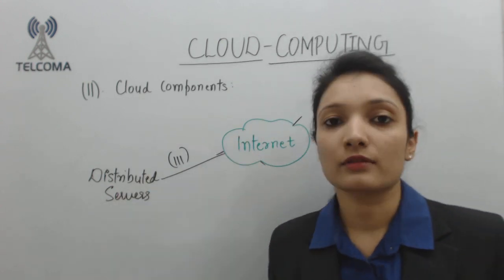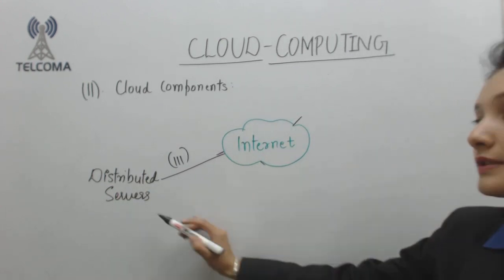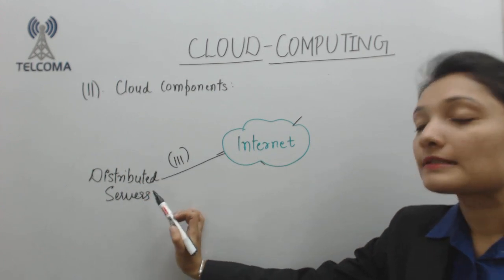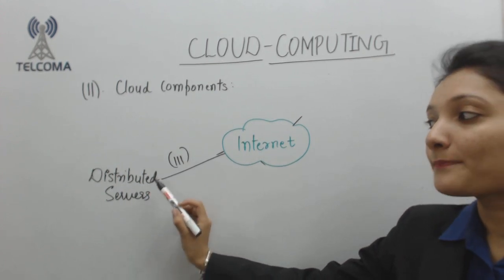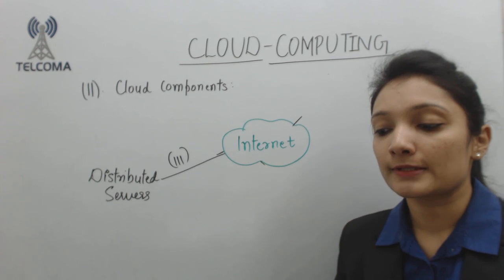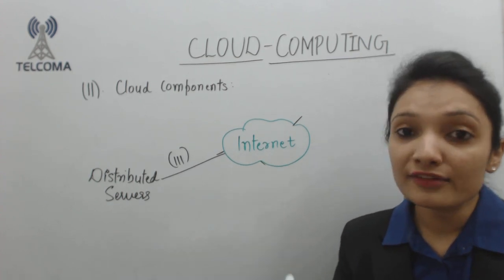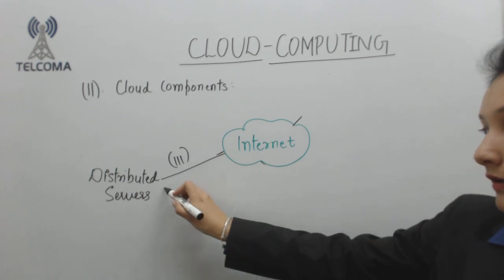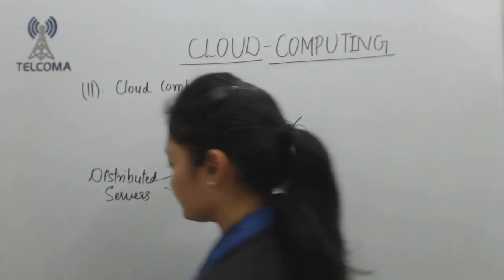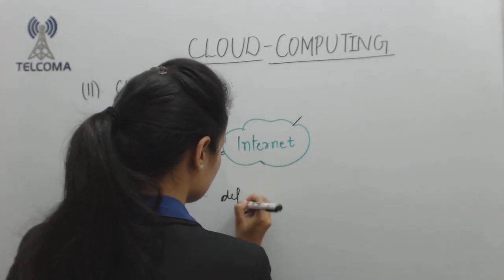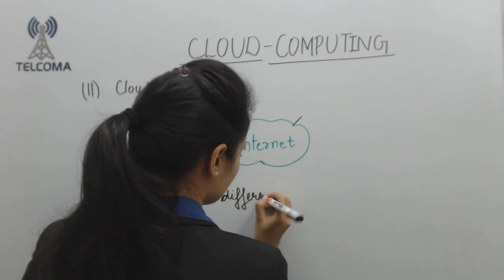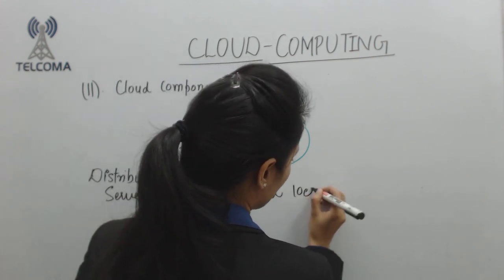That means all of the servers cannot be placed in the same location, but they could be placed in another location. So that's why these are called distributed servers. That means they are present in different locations.